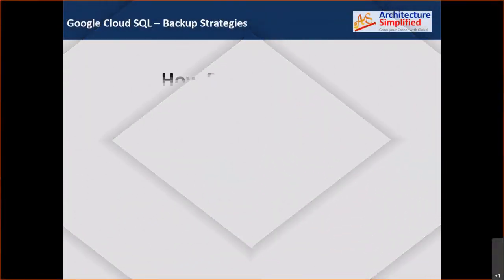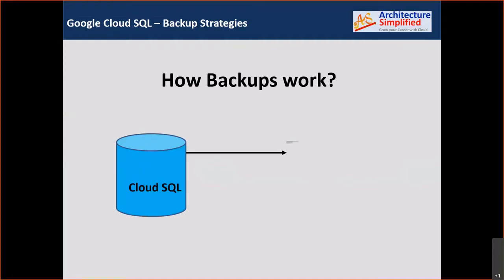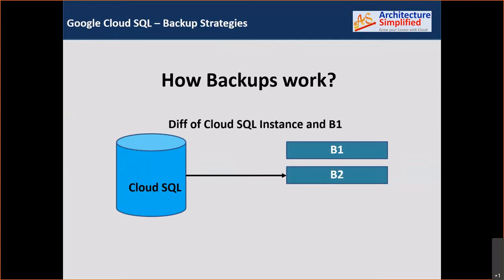The next question is how backups work. The first time when you take a backup, it is a full copy of your data from Cloud SQL instance. Next backups are incremental. What does that mean? It means next backups are just the difference of your Cloud SQL instance and your previous backup.